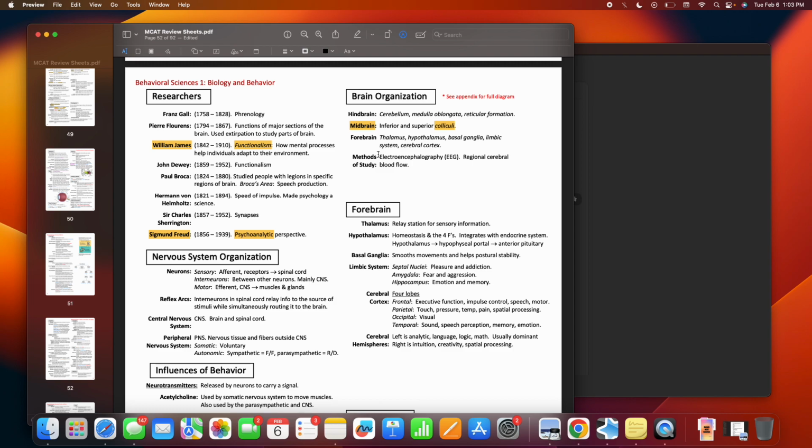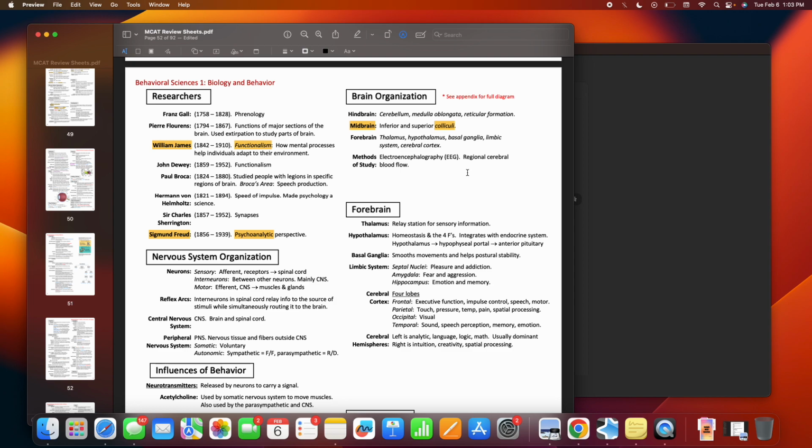I did not know that. I had in my mind that cerebral cortex is the forebrain, but not the thalamus, hypothalamus, basal ganglia, limbic system. So the hindbrain, again, I'm just trying to review this for me. The hindbrain is your reticular formation, your brainstem, right?